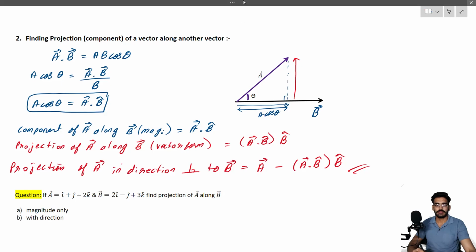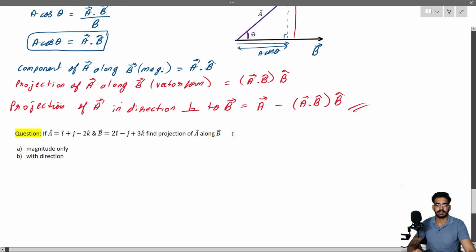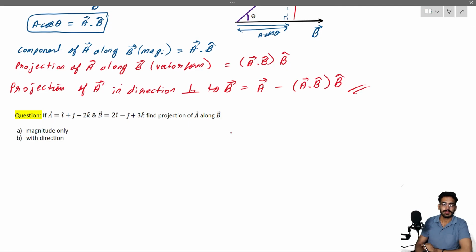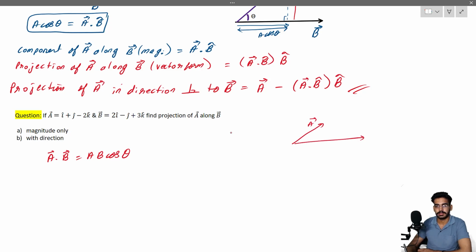Now let's solve for this next question. A vector is given and b vector is given. Find projection of a along b. First magnitude only, okay. So you don't have to remember these formulas. If you want, you can remember, otherwise you can directly solve. So we know a vector dot b vector equals ab cos theta, right? He's asking me this magnitude a cos theta, okay.